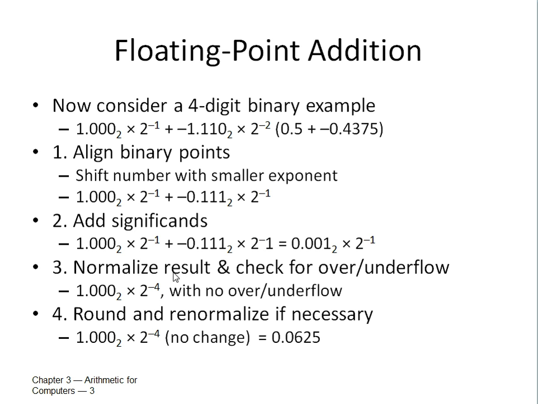So now we renormalize the result and check for underflow and overflow. In this case, we have to renormalize, so we're going to have to move over. Now remember, it looks like we don't have much left here, but we would actually have the guard, round and sticky bits in real life. And so it shifts in. In this case, there's still no error because it all fit nicely.